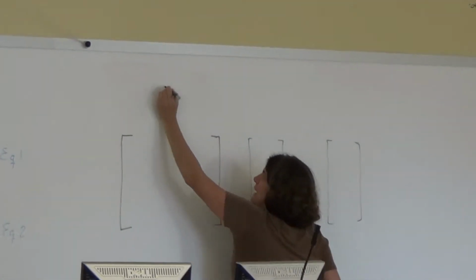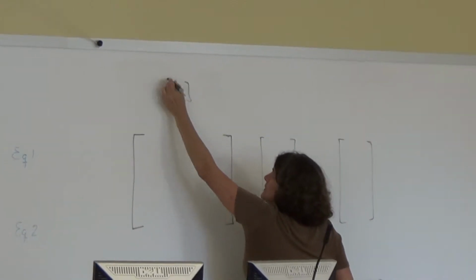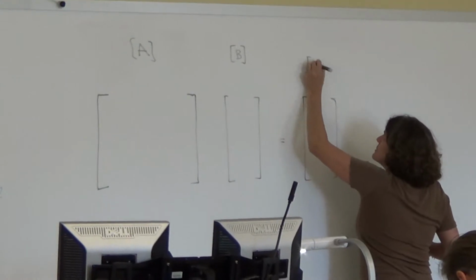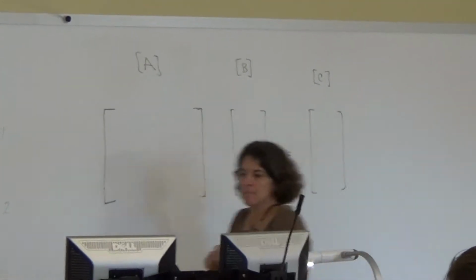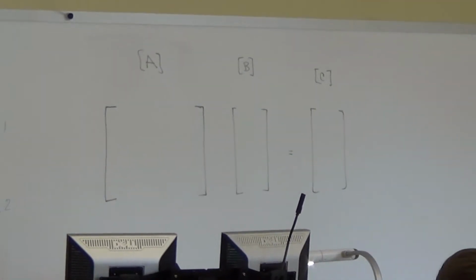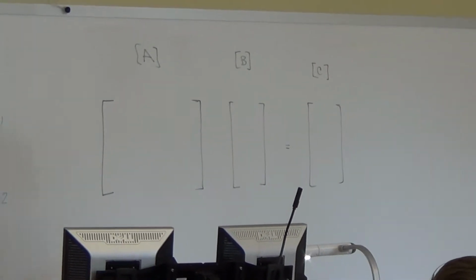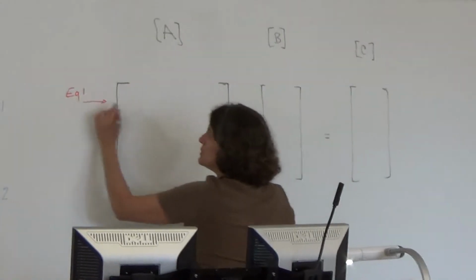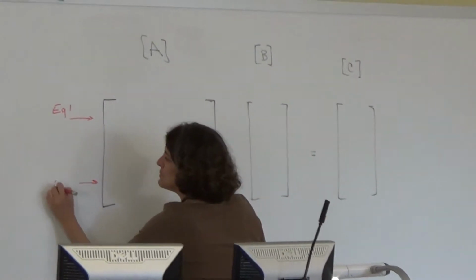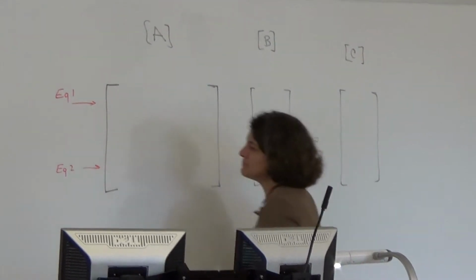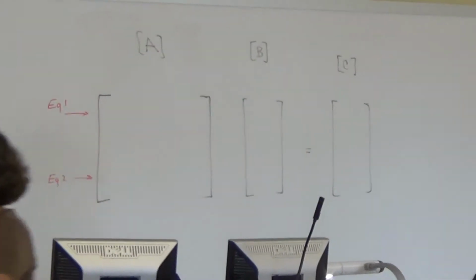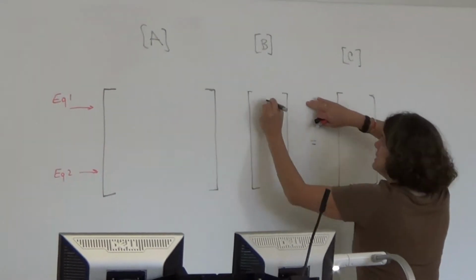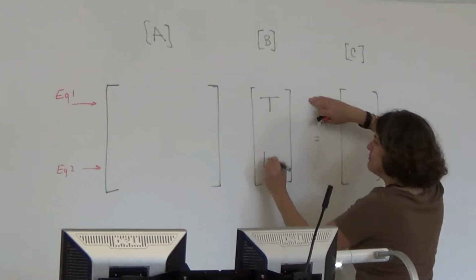So this is matrix A. This is matrix B. And this is matrix C. In this area right here, this is where equation 1 is. And this represents equation 2. And the two variables I'm solving for are T and FBC.